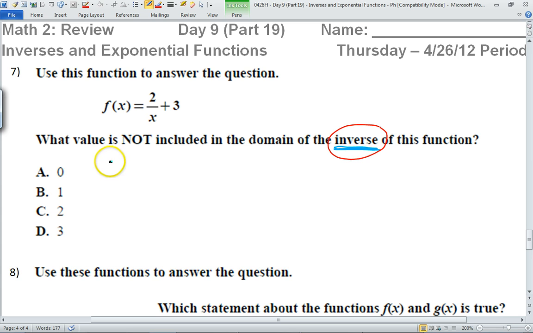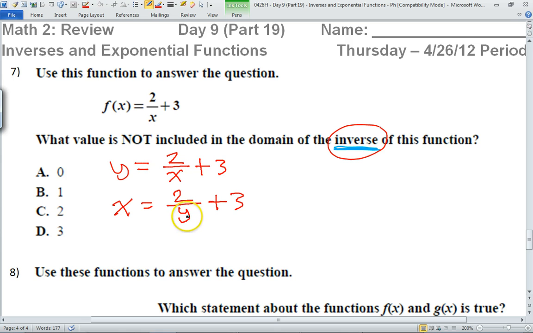So immediately we would write it as y equals 2 over x plus 3. Now we have to switch the x and the y and solve for y. So if we do that, we get x equals 2 over y plus 3.